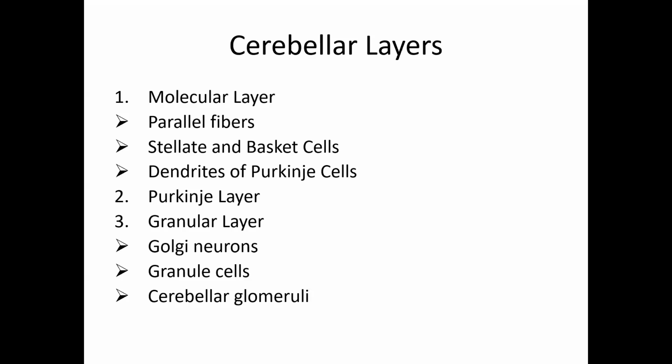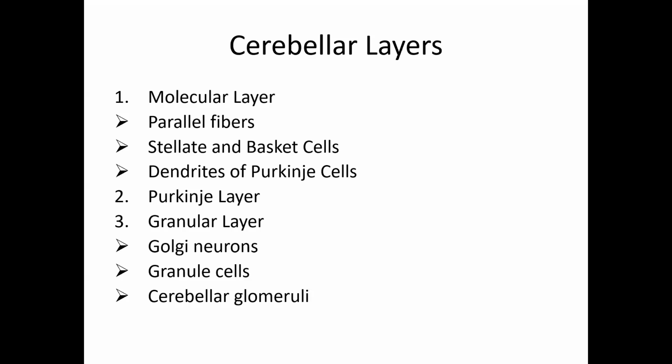So the major output of the cerebellum comes through Purkinje cells, and Purkinje cells, as you can see, are in layer 2. And like their counterparts, the so-called pyramidal cells or Betz cells, these Purkinje cells are quite large, and what they have, again, is a rather elaborate set of dendrites.